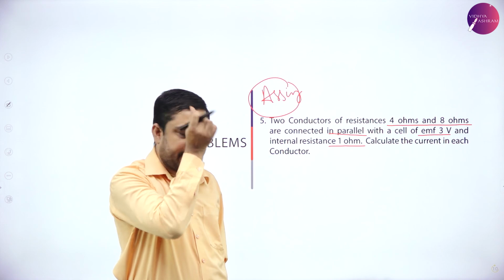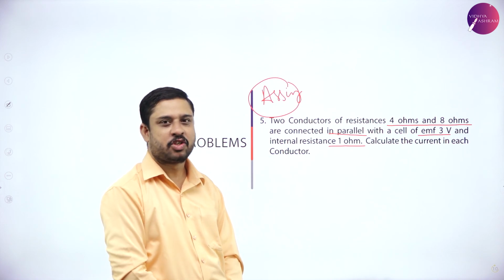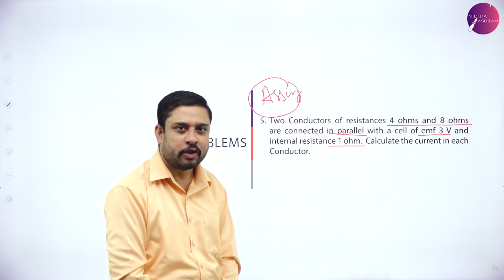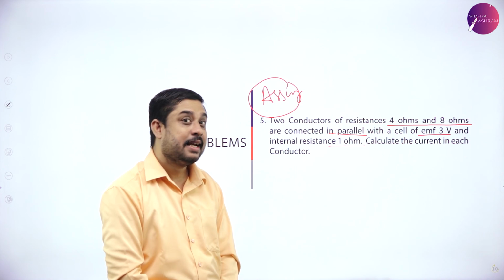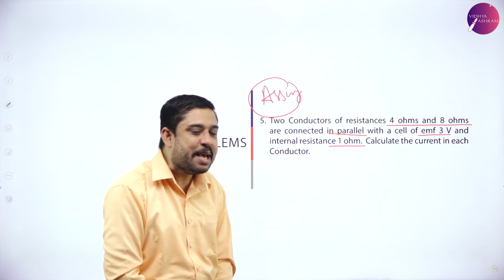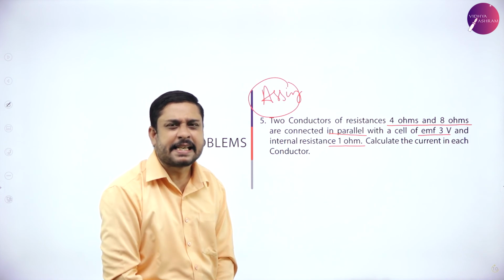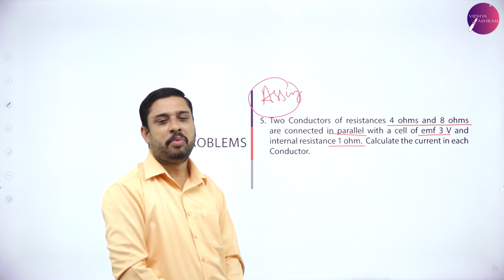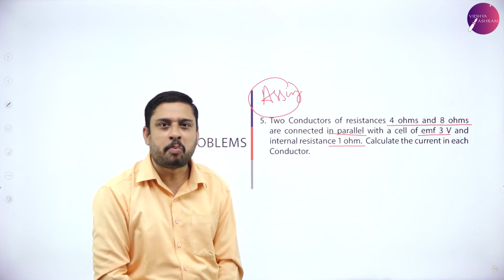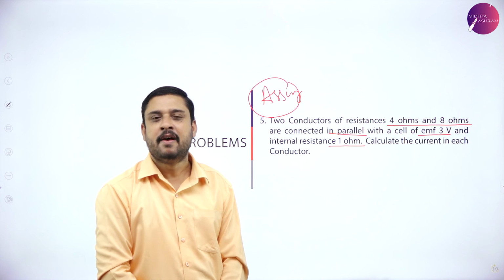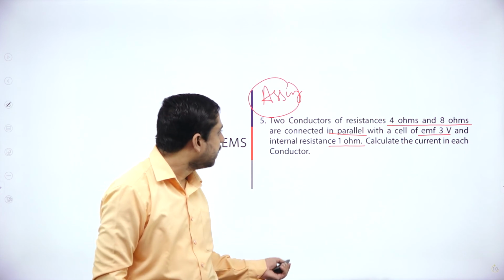Calculate the current in each conductor. Go back to the sessions. Refer to the expressions: parallel combination, current, EMF, internal resistance. Just relate them and solve the problem. In my next session, I'll work out a few more problems from the previous papers which will make things easy for you all. Until then, thank you.